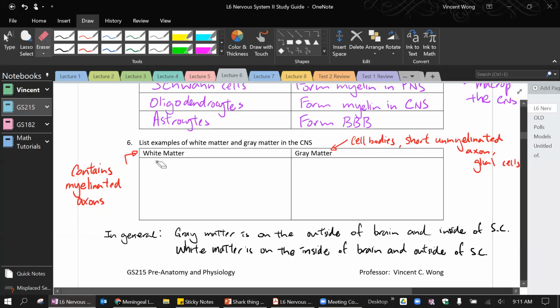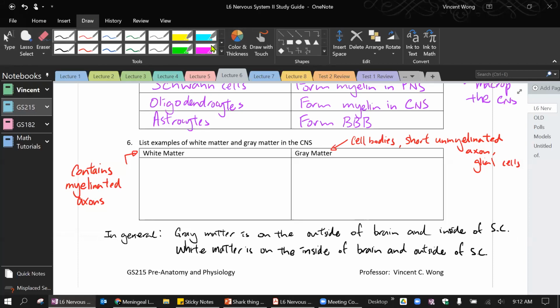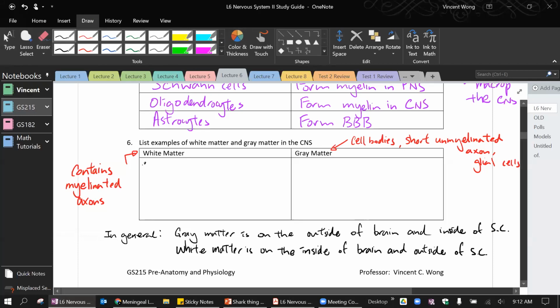Okay, so white matter. Does anybody have examples of white matter? Like if I give you a multi-select question and I say, select all the white matter in the list below, what would you consider as white matter? Okay, white matter would be the corpus callosum.